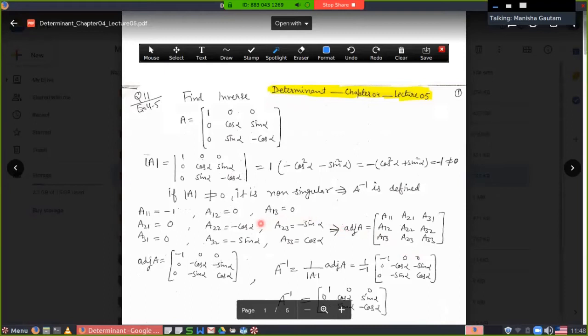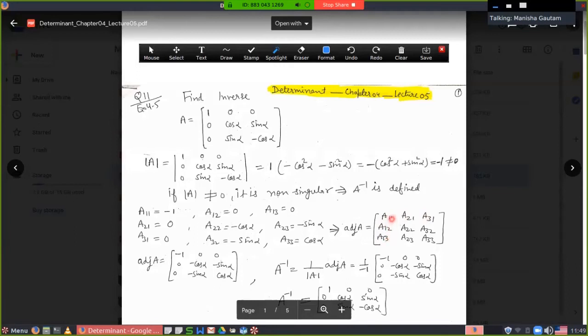Now for the adjoint of A, you have to calculate the cofactors: capital A11, A12, A13, A21, A22, A23, and A31, A32, and A33. This is the adjoint of the given matrix after I transpose it; it is written as A11, A12, A13 column wise, because when rows become columns, transpose takes place.